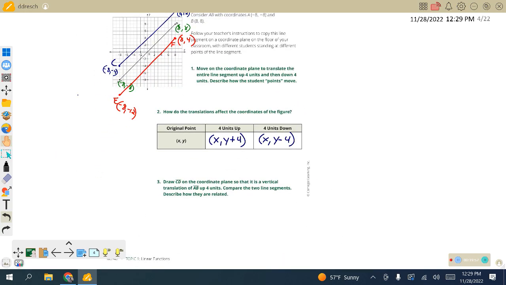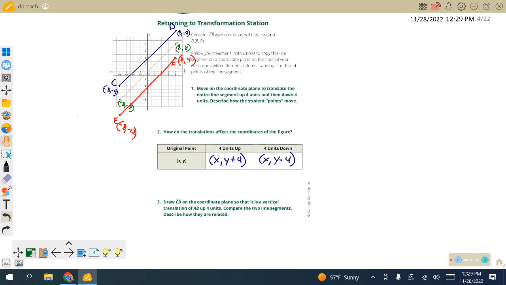It says compare the 2 segments and describe how they are related. So when we look at all three of these, can anybody give me some type of comparison there of what's still true between those three segments that are out there? X's are all the same. The size are all the same. They're all equal length. Anything else? They're all increasing.